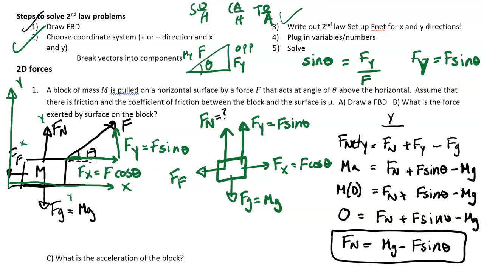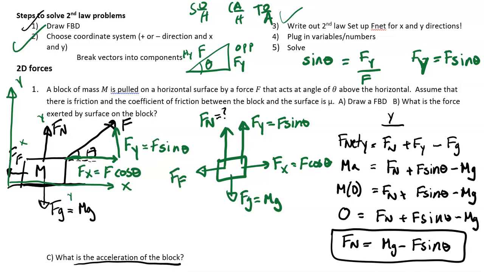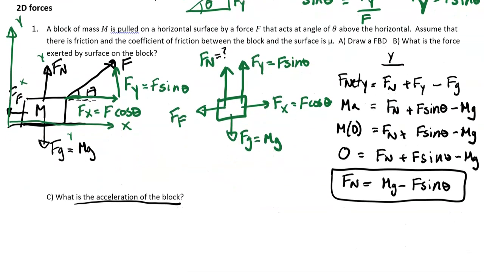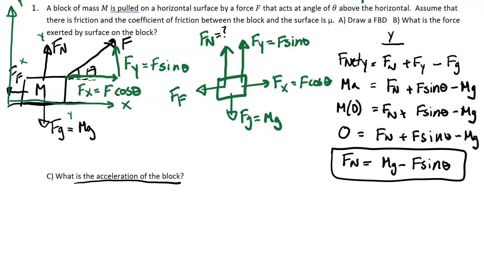So for part C, we want to find the acceleration of the block. So I want you to think about what direction it is accelerating. It is accelerating in the x direction. So let's set up F net x. Go ahead and do that yourself and then check back in on the video. So let's see, F net x is going to be, we have Fx and Ff in the x direction.